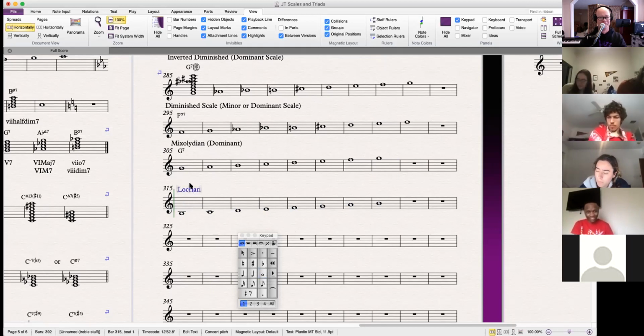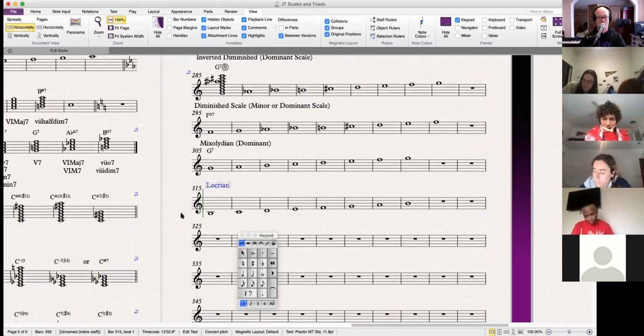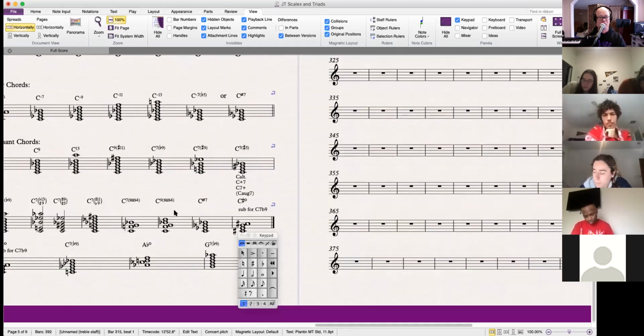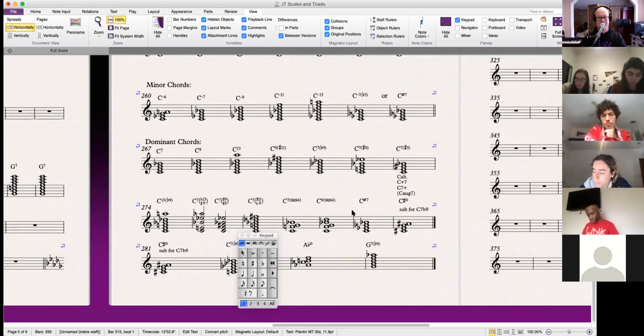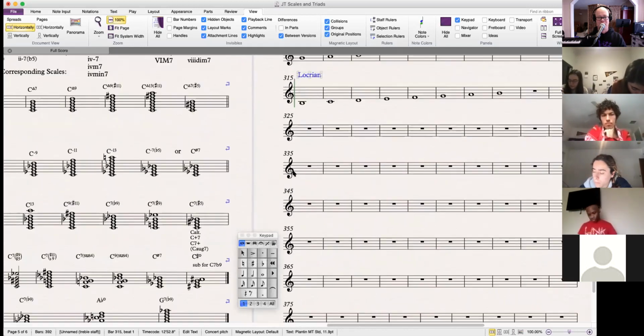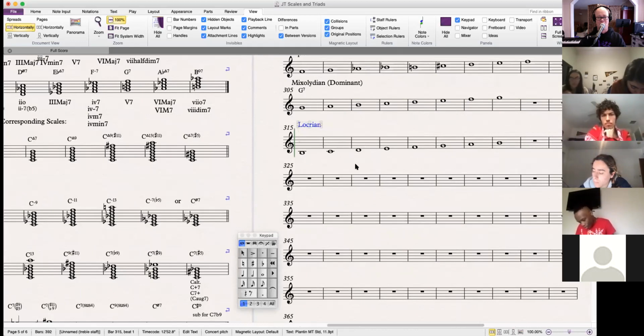This is Locrian. Okay, Locrian is a dominant quality. B, D, F, A, half diminished over here when we saw the dominant chords. Half diminished belongs to the dominant family. So the chord that we get out of the scale 1, 3, 5, 7, B, D, F is a diminished triad. A is the minor 7, so it's a half diminished.